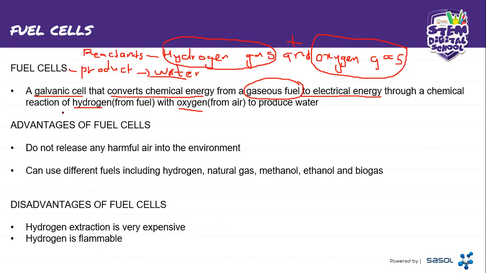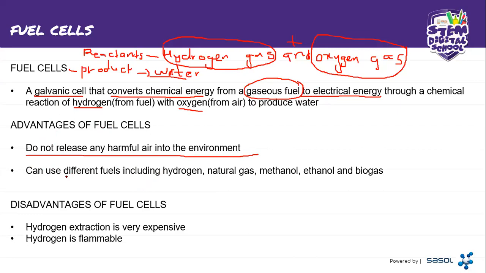Now, what are the advantages of fuel cells? Just like photovoltaic cells, they do not release any harmful air into the environment. Secondly, with fuel cells, you don't always have to use a gaseous fuel that has hydrogen.